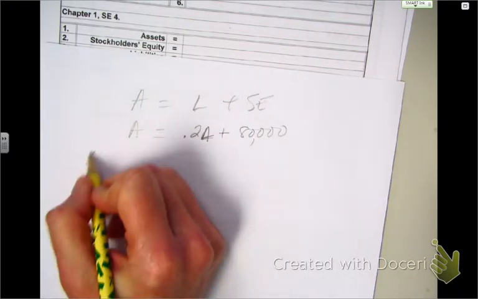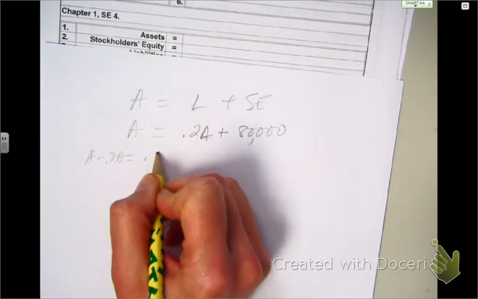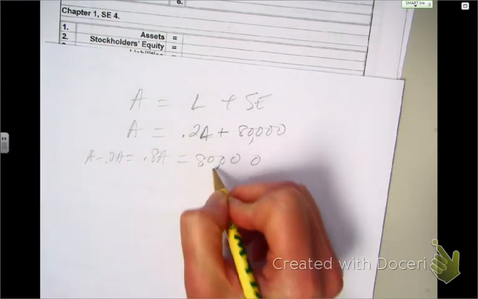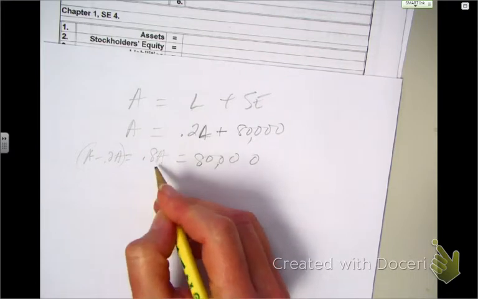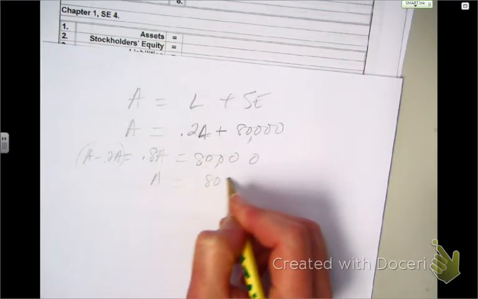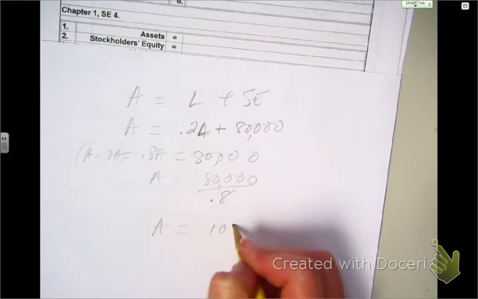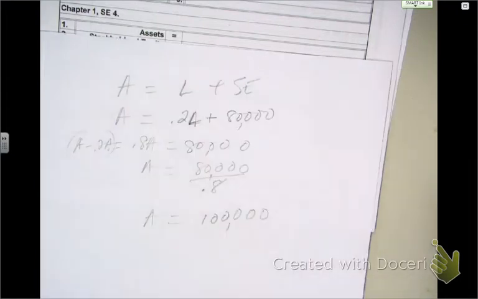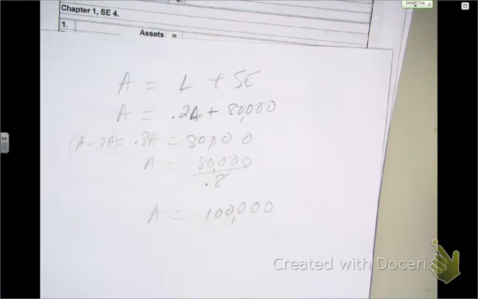Then do A minus 0.2A, which gives you 0.8A equals 80,000, okay? And then again, you divide 80,000 by 0.8, and again, you're going to get 100,000. So for some people, doing it in decimals is easier. Whatever way works easier for you, it's the same to me, okay?